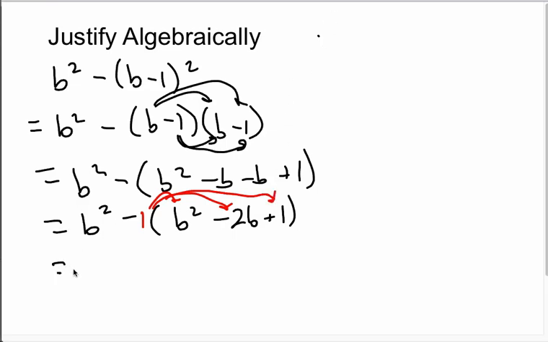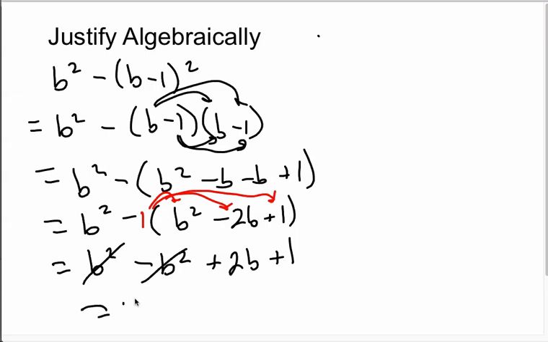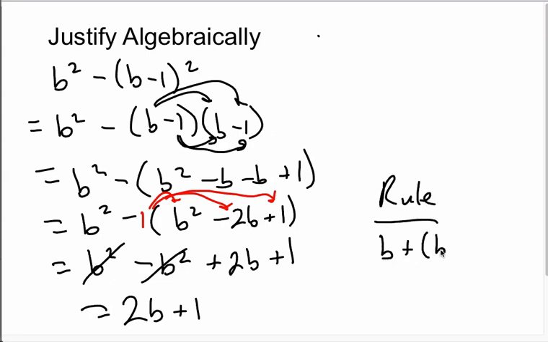And we're going to get b squared minus b squared plus 2b plus 1. Okay, so notice this cancels, right? So we just get 2b plus 1. And also notice that our rule is, remember our rule is you just take b plus b minus 1. That is also 2b plus 1.